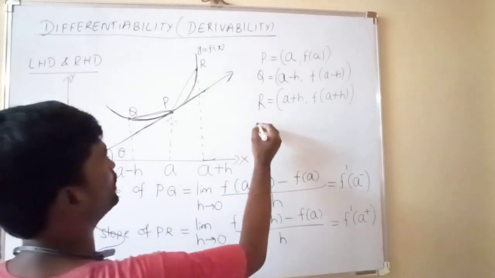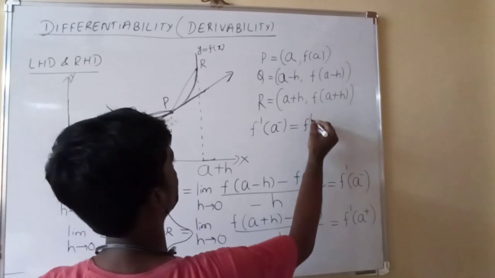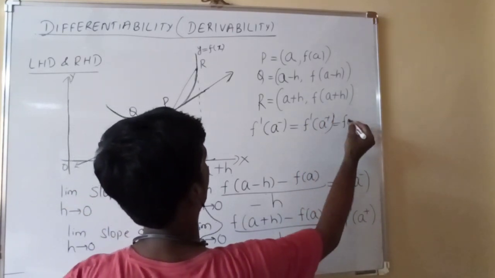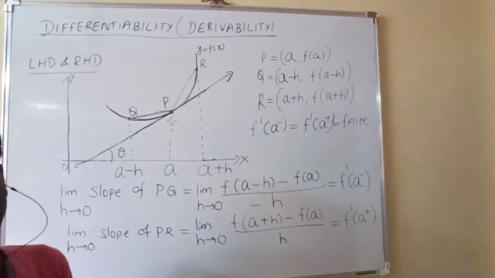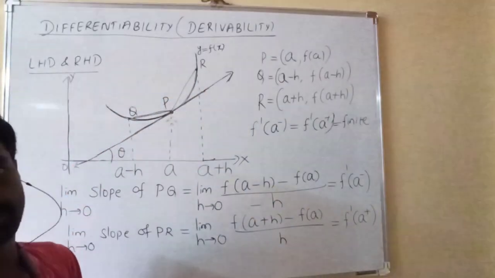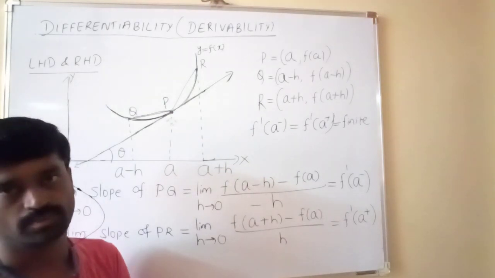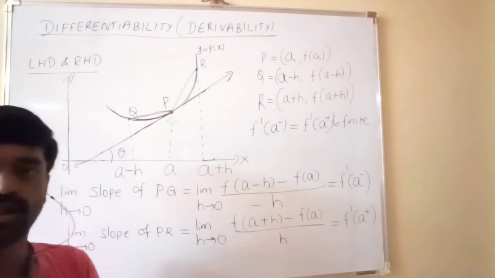So if f dash of a minus is equal to f dash of a plus, equal to some finite value, then the left tangent and right tangent coincide, and it is possible to draw a unique tangent at P. In this case we say that f is differentiable at a.